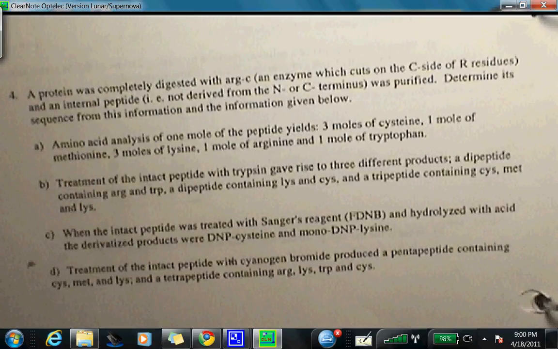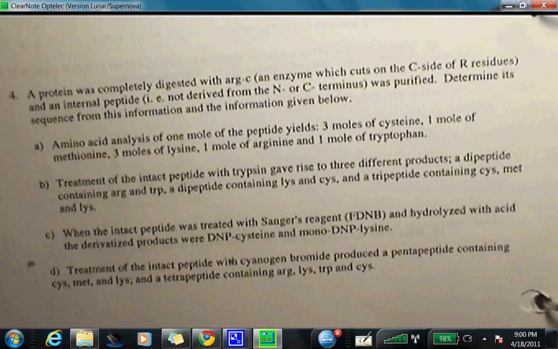Hello everyone. We're going to be doing number 4 from the course reader, which is on page 12. It says a protein was completely digested with arginine C, an enzyme which cuts on the C terminus of arginine residues, and an internal peptide, i.e., not derived from the N or C terminus, was purified.